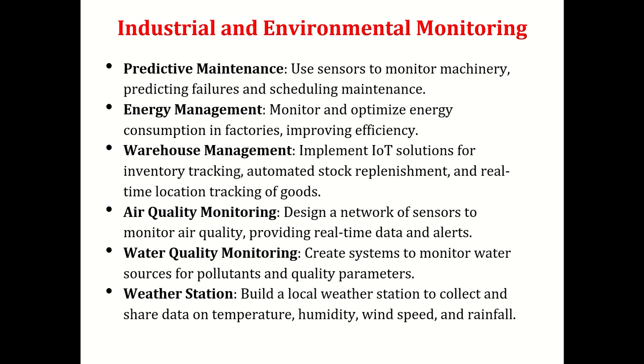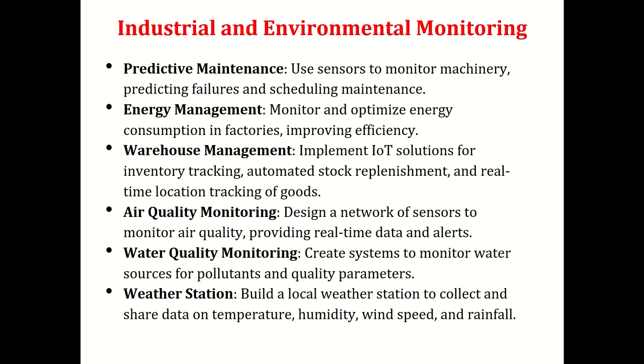So is the energy, which I already mentioned, warehouses we already discussed, right? Air quality monitoring, water quality monitoring, weather stations. So these are all various applications based on who your customer is. The customer could be an industrial customer, an agriculture customer, or a healthcare customer, but finally some of the parameters related to moisture, temperature, humidity, radiation may be significant for different applications.